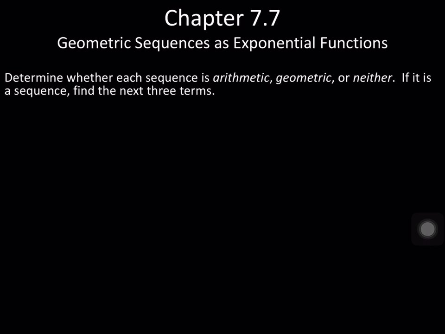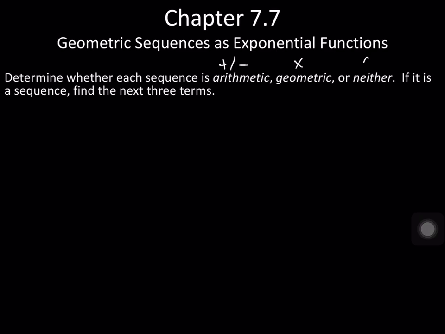We're going to look at a couple of sequences here, and here's what we're looking for. We're going to determine whether each sequence is arithmetic. In other words, did we add or subtract something to get from one term to the next term? Geometric: did we multiply by a whole number or a fraction to get to the next term?